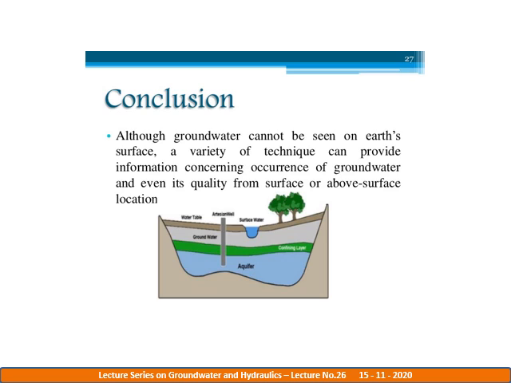Electrical methods can be described in 5 classes: direct current resistivity, electromagnetic, induced polarization, miscellaneous, and self potential.